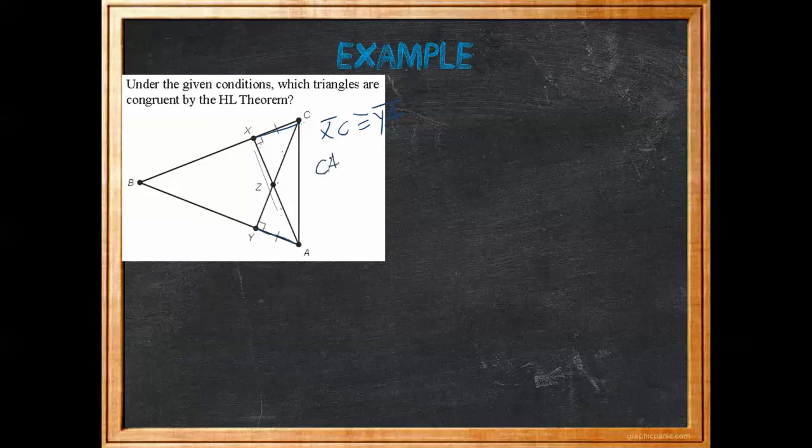With the reflexive property, we know that CA is congruent to CA. So the two triangles that we can prove are congruent are triangle XCA and triangle YAC.